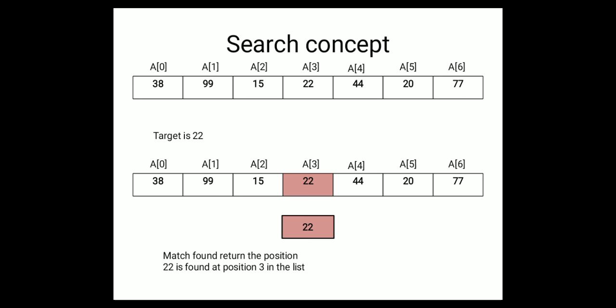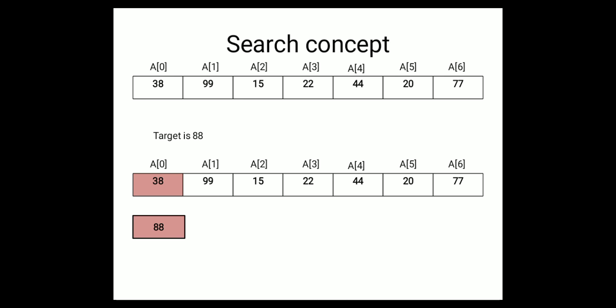We'll see what an unsuccessful search looks like. Here the target element is 88, and we'll see whether 88 is there in the list or not. Again the search concept is that you compare it with the first element of the list. 38 is compared with 88, no match found. Proceed with the next element, not matched.